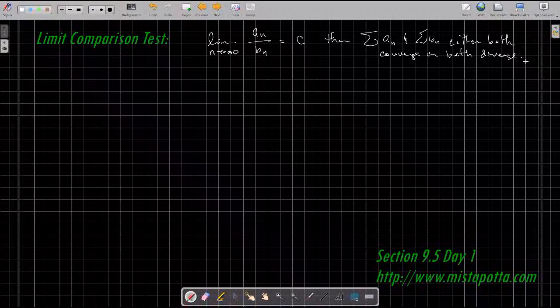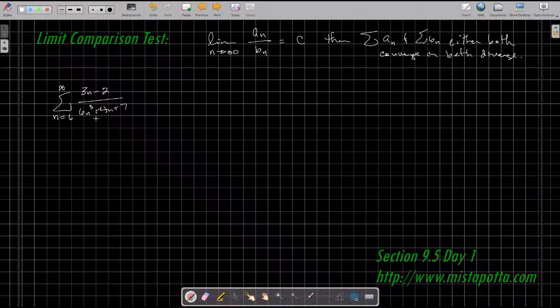Which is really nice because I can take a really complicated series, like the series from n equals 6 to infinity of 3n minus 2 over 6n cubed plus 4n plus 7. And I'm thinking, oh, I'm never going to be able to deal with this.